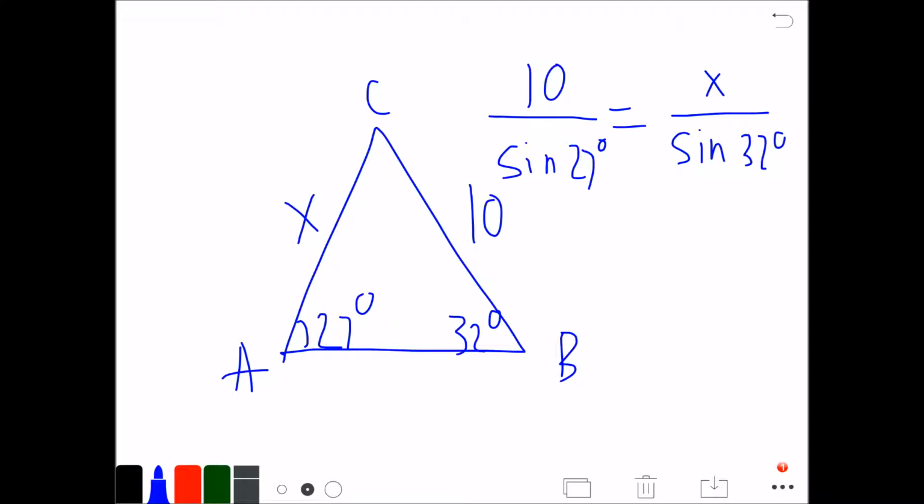And how you want to solve for that is first get your calculator, because you would not be able to use your brain to compute all these numbers. So get your fraction up and cross multiply and divide. So you want to do 10 times the sine of 32, right?